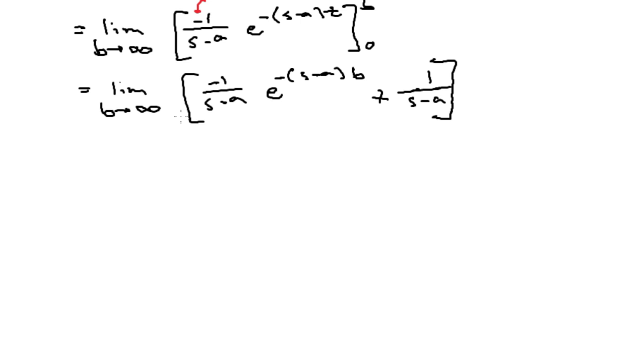Kasi e raised to negative something, something raised to negative pinakamalaki is lumalapit na sa 0. I think that's right. Let me just check here with my calculator. Raised to negative 5 something. Yep, it's 0.